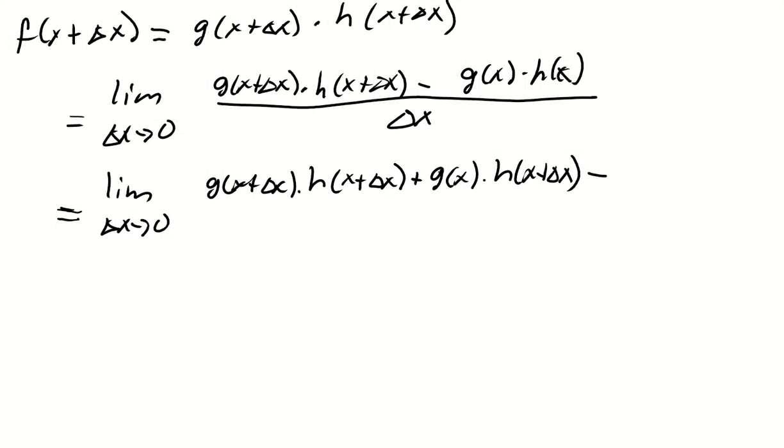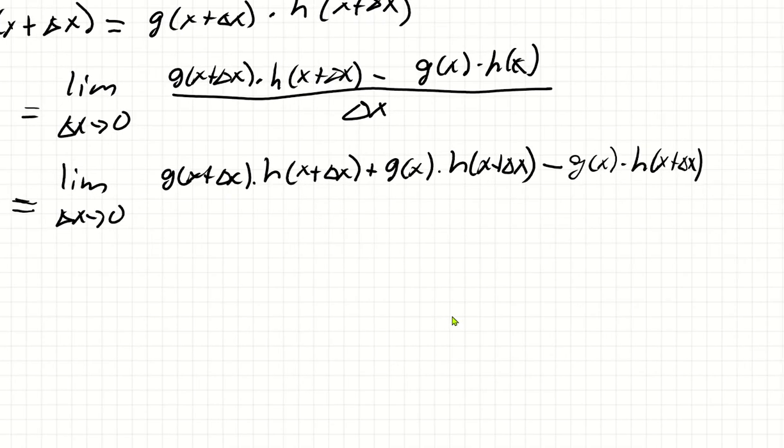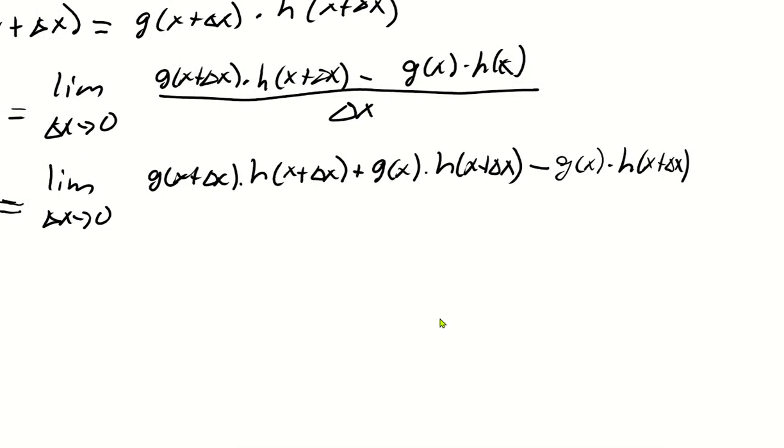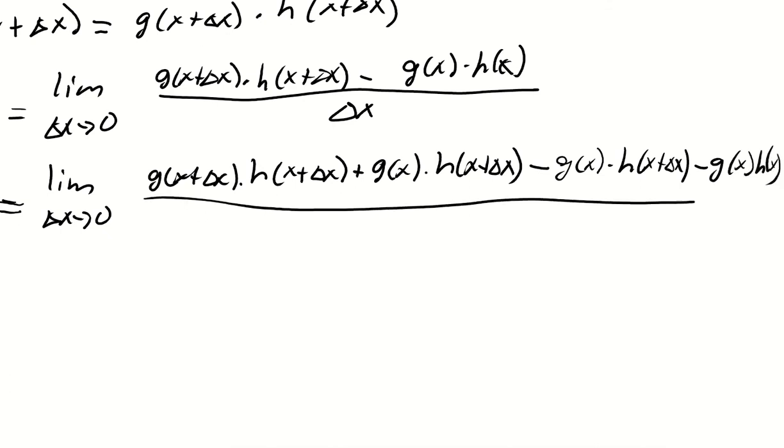I still need to subtract it, g of x times h of x plus delta x, so that I just added 0 and nothing happens. Then subtract the last part, g of x times h of x, all over delta x. So why do we need to do this? We need to do this to separate them, to simplify them further.